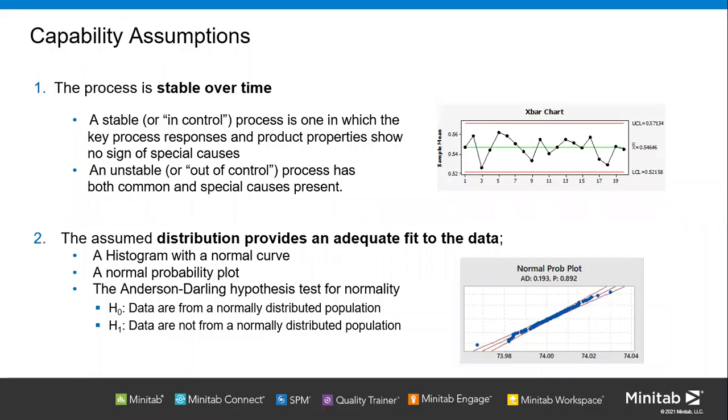And then this is the most important thing before you rely on your CP and CPK. You must check that your process is stable. How to check it? Based on your control chart.